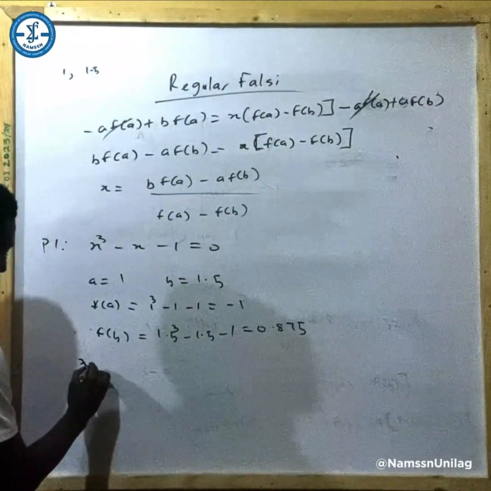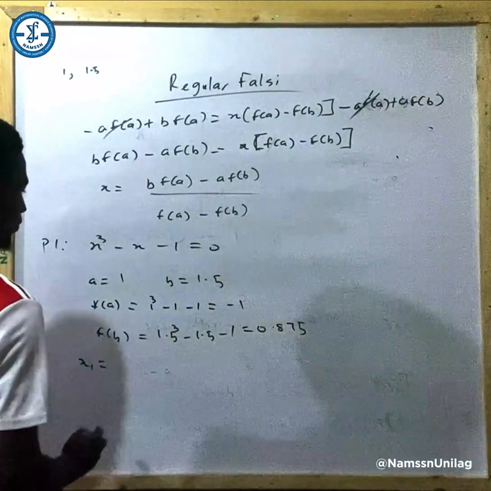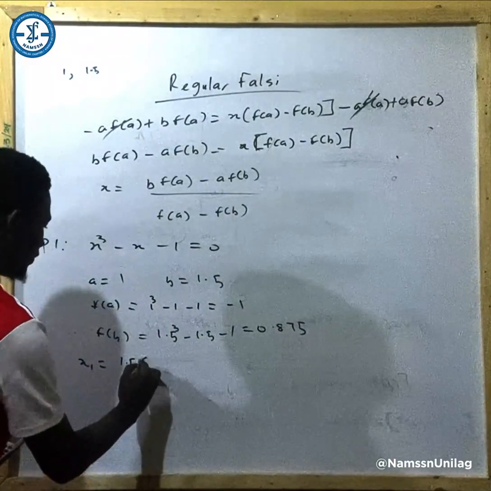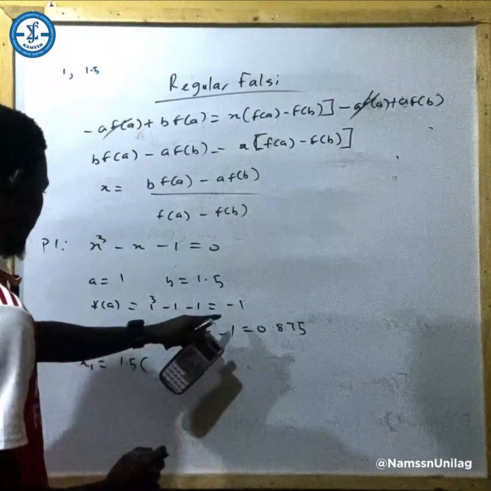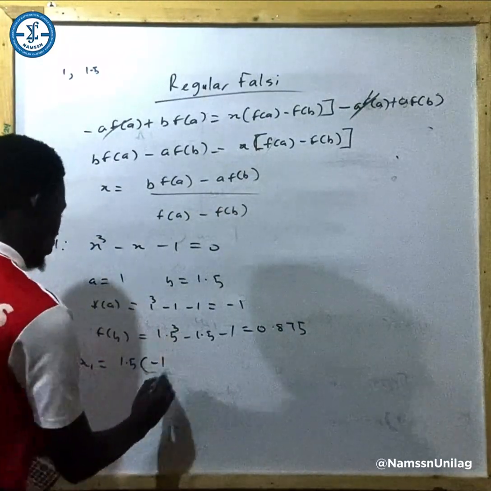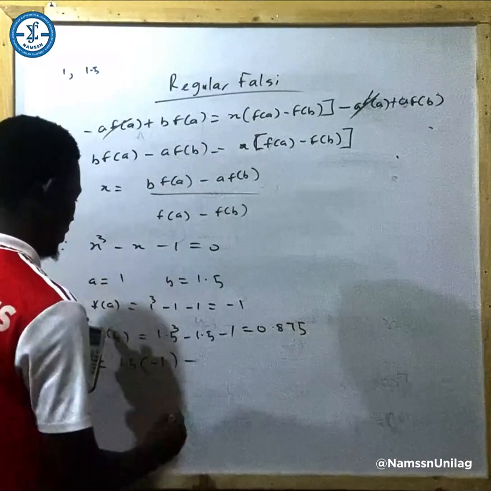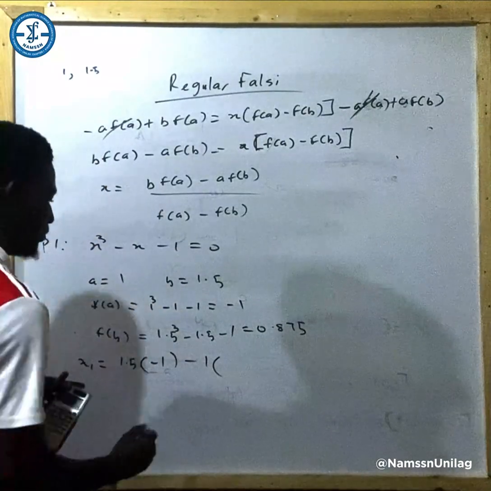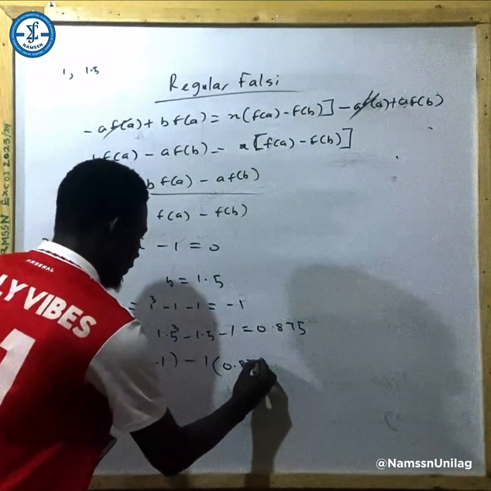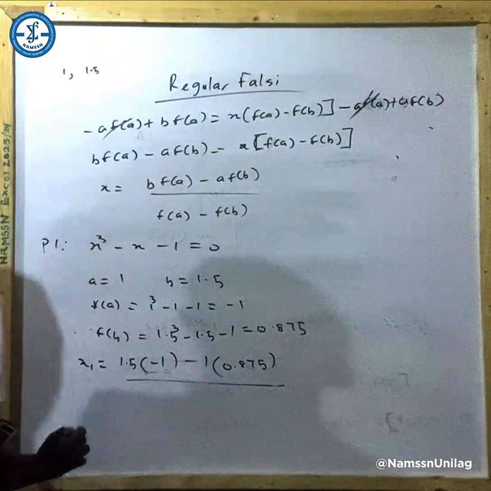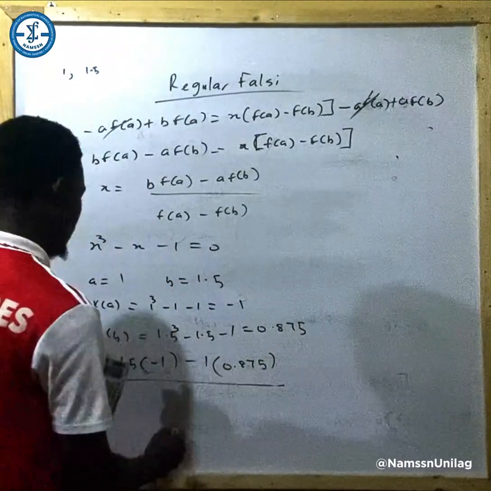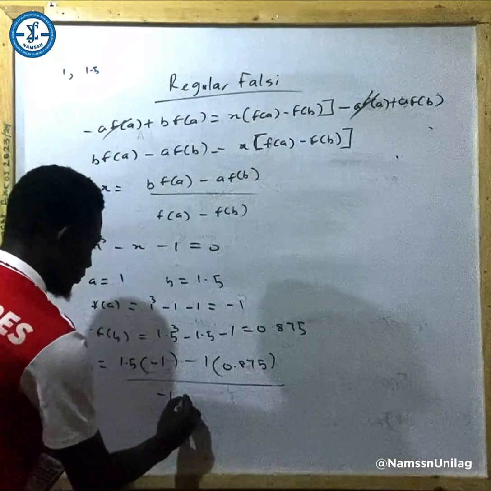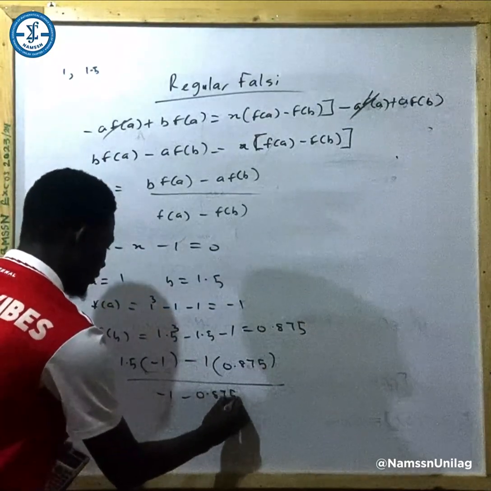So you have x1 equals b (1.5) times f of a (minus 1), minus a (1) times f of b (0.875), over f of a (minus 1) minus f of b (0.875).